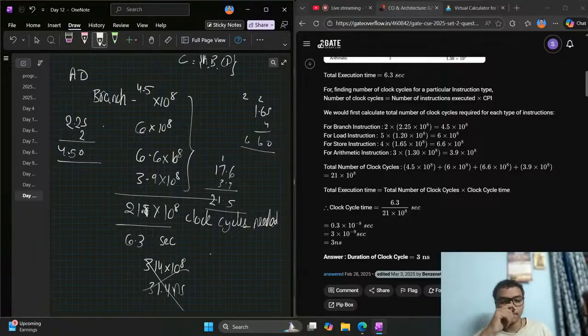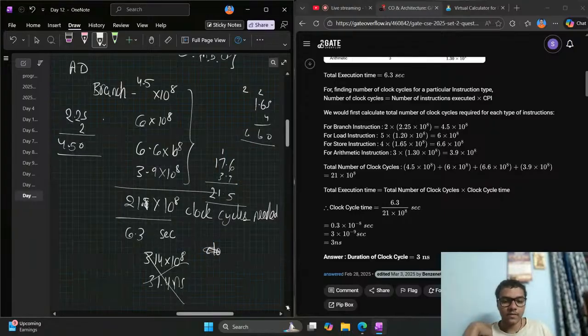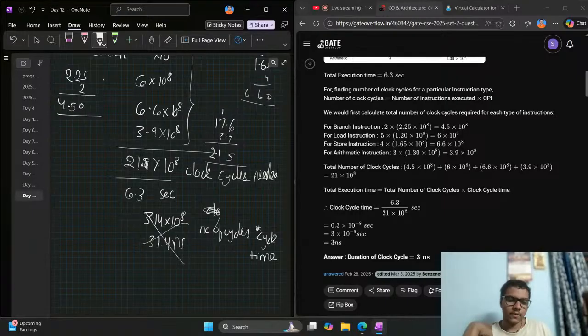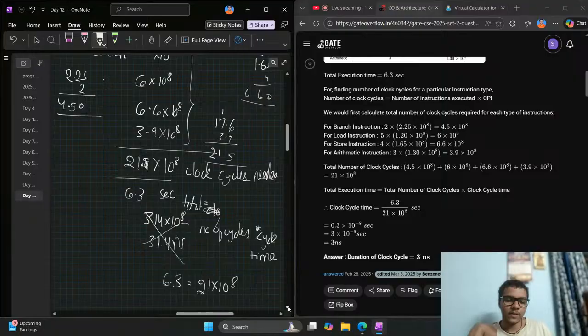Alright, so total execution time is number of cycles times cycle time. So total execution time is 6.3, and the number of cycles is 21 into 10 power 8, and now you need to get the cycle time.